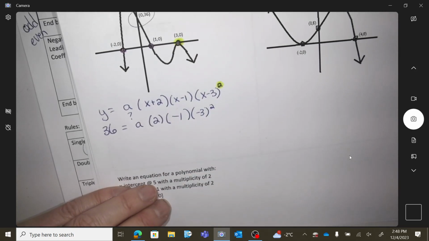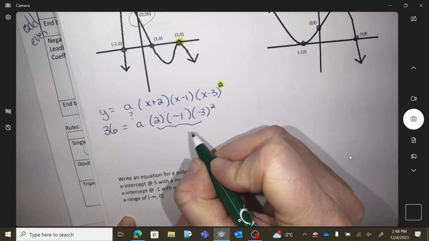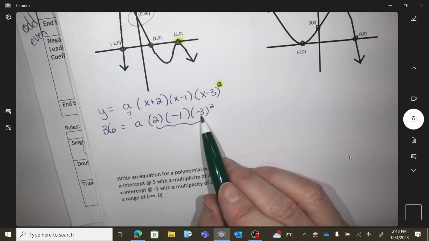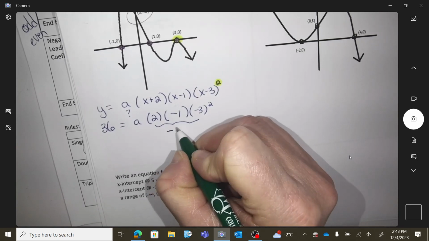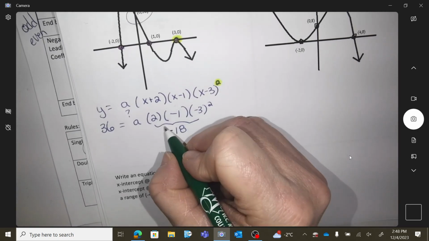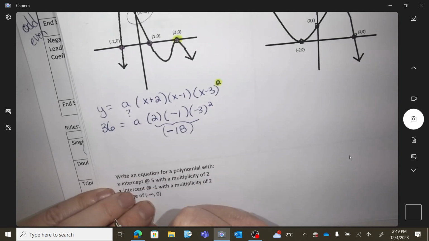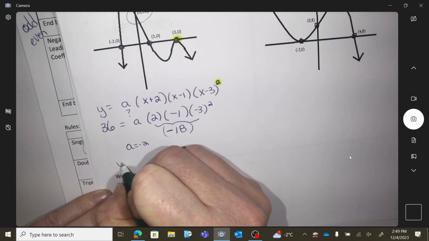So I'm trying to add a multiplier in front, coefficient, to make sure I get to a 36. So what is all of this put together? Did you get -18? So therefore A is what number? -2.